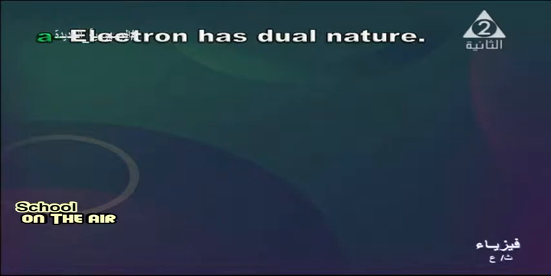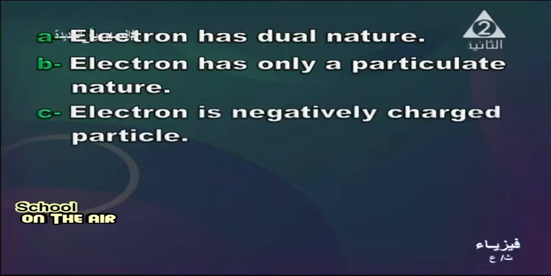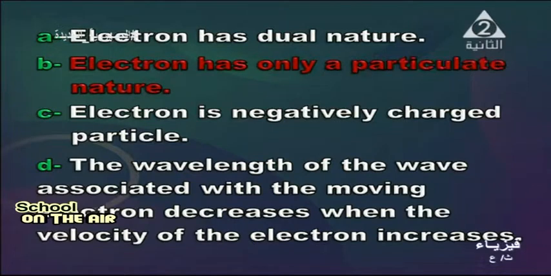Electron has dual nature: actually right. Electron has only a particulate nature: wrong. Electron is negatively charged: correct. The wavelength of the wave associated with the moving electron decreases when the velocity increases: this is also right. So the wrong one is that the electron has only a particulate nature.